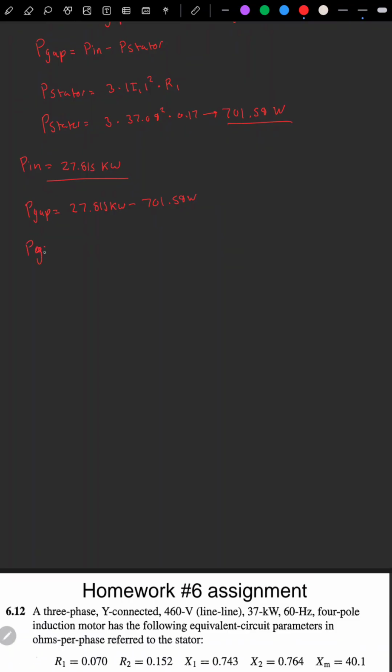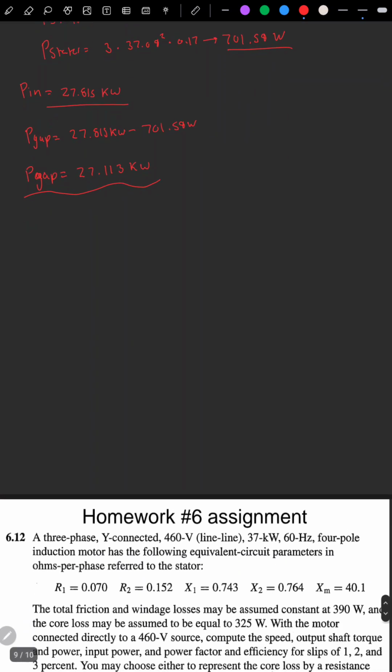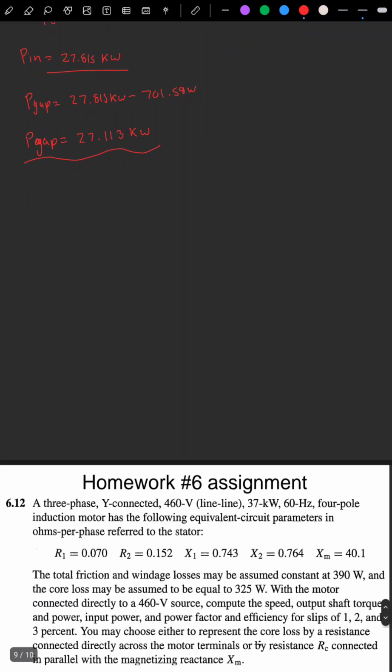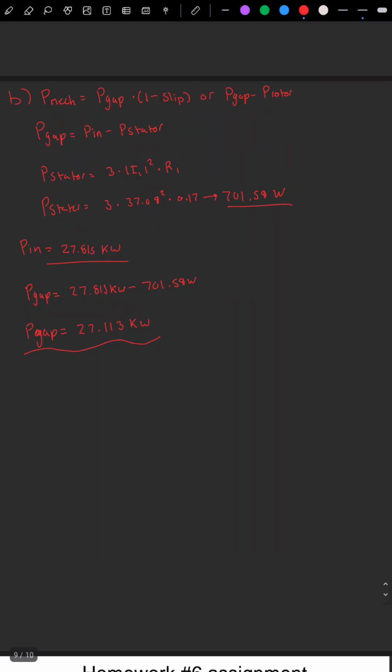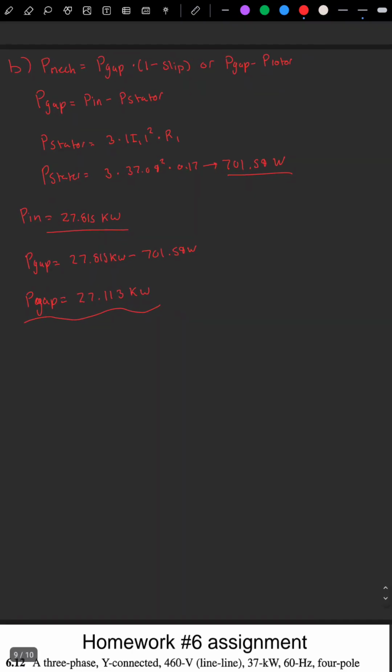So P gap is going to equal 27.113 kilowatts. All right. So now we could solve our mechanical power because we have our P gap.